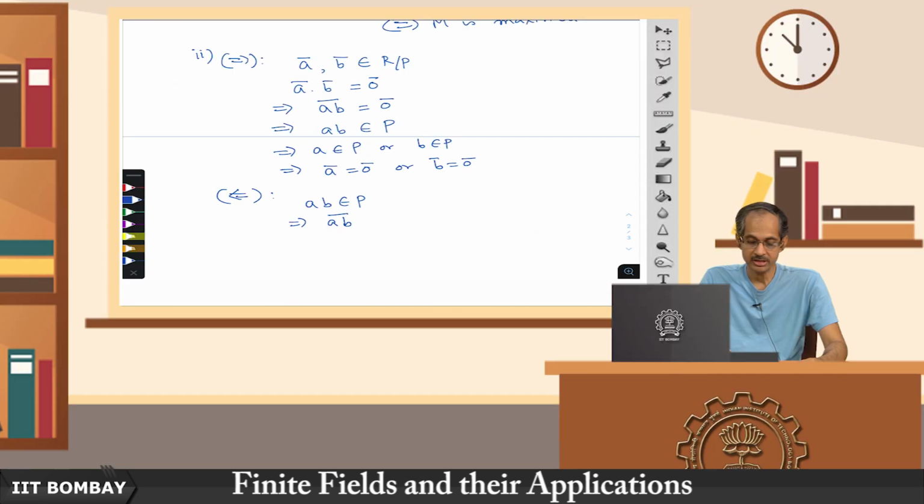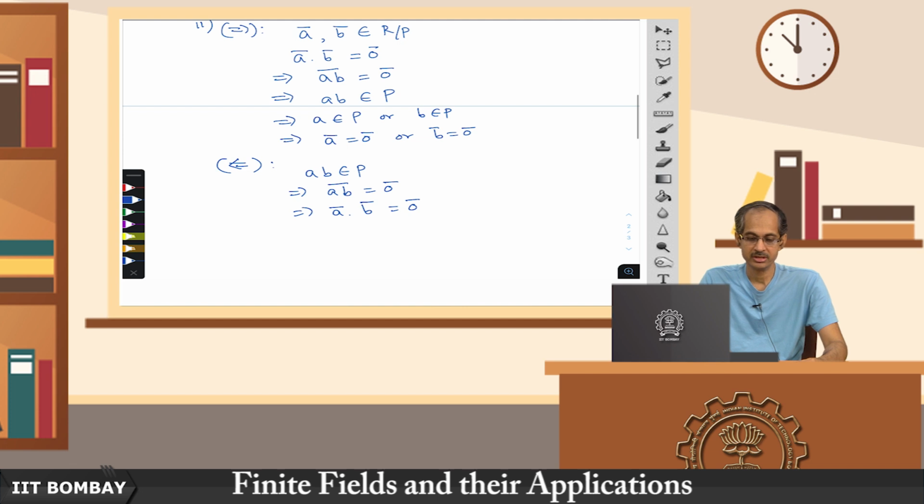This means that the coset of AB is equal to 0, and because R by P is an integral domain, that is given in the right hand side, this means either A bar is equal to 0 or B bar is equal to 0, and that means A is in P or B is in P. So, that proves it.